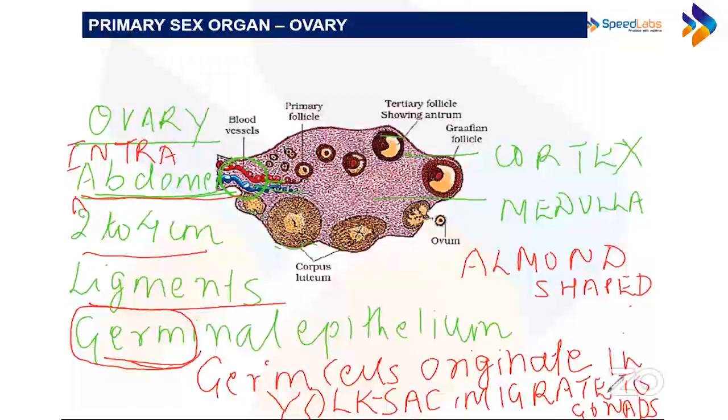The name germinal epithelium is not correct these days because germ cells do not originate from the germinal epithelium. Germ cells originate from the yolk sac and migrate to the gonads. Gonads मतलब ovary, ठीक है. So अभी इसका नाम change करके surface epithelium, or we have kept it as cuboidal epithelium.